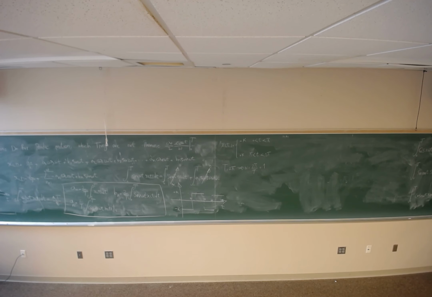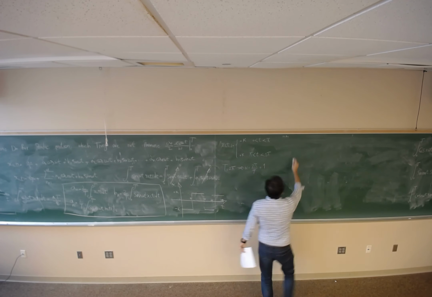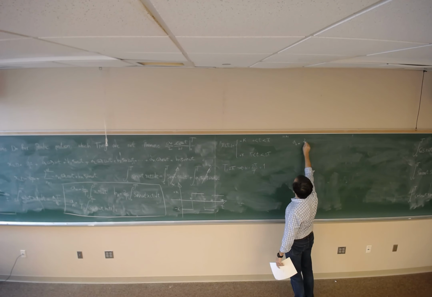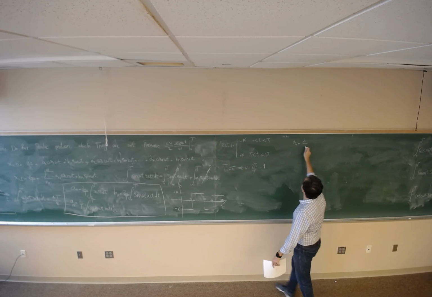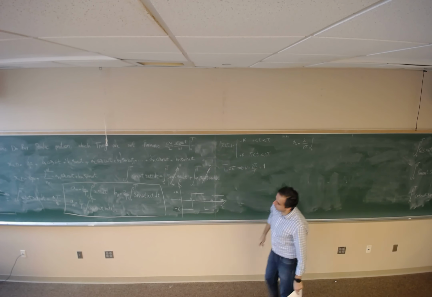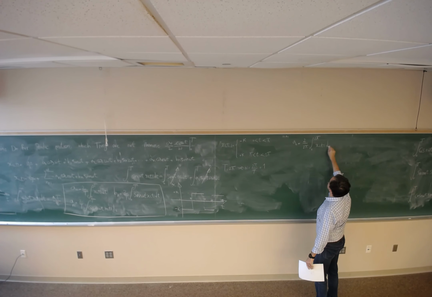So let me start with A naught, the first one. I should do this integration: 2 over capital T, which is 2 pi, time goes from 0 to 2 pi, x of t dt.